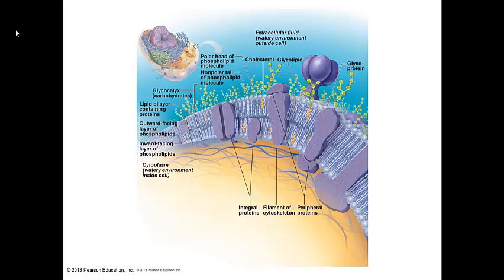Because remember the hydrophobic ends of my phospholipids? Where are they hanging out? In the center there. So without those proteins to help things come across, things would have a hard time going from one side to the other.